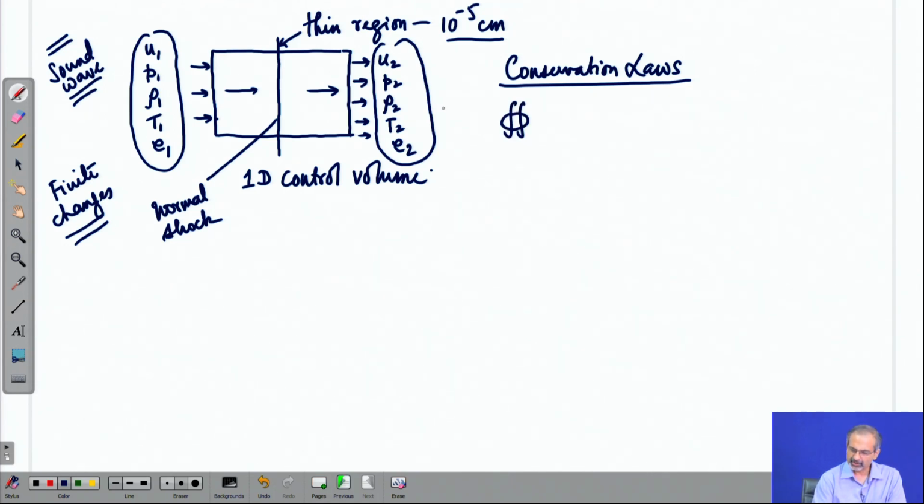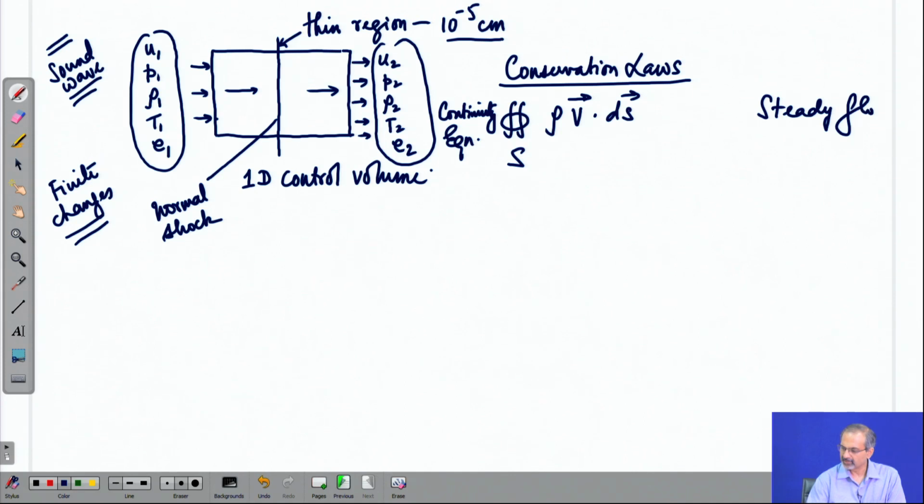Let us try to write down the continuity equation in integral form, and of course, we will make certain approximations. Let us say we are looking at steady flow, in which case the time derivative term will go away from the equation and there will be only one term left, which when applied to this control volume will be in this form: A times rho 1 u 1 equal to A times rho 2 u 2.